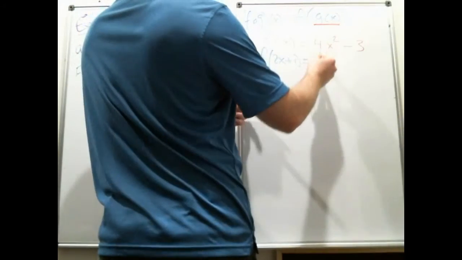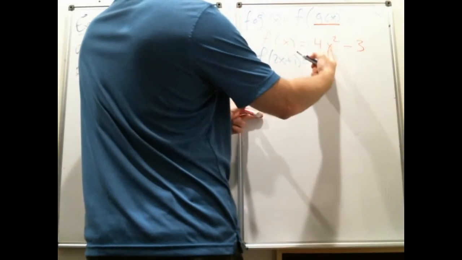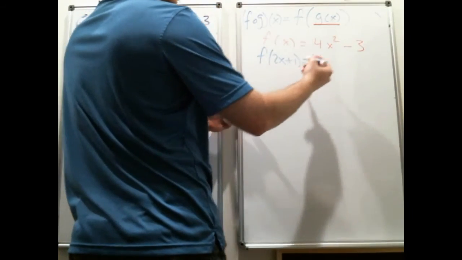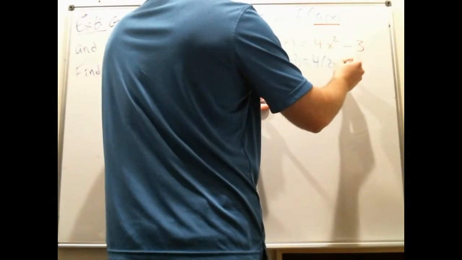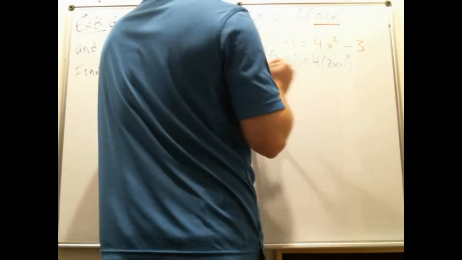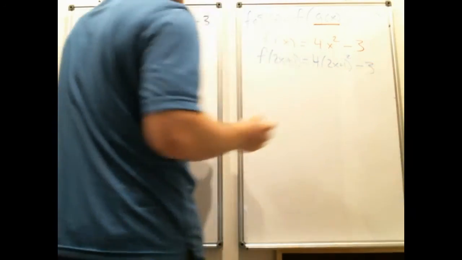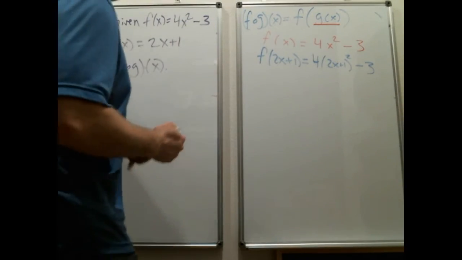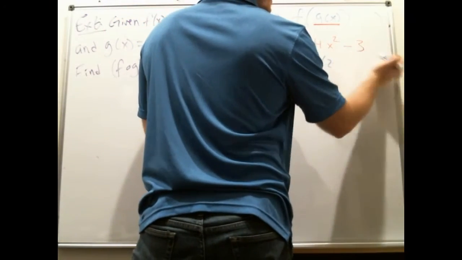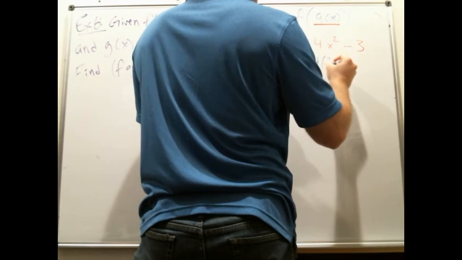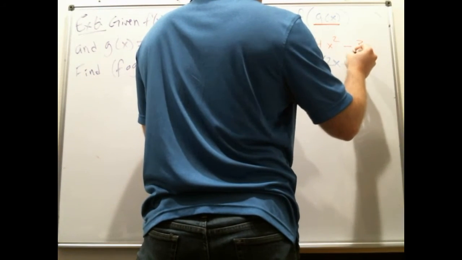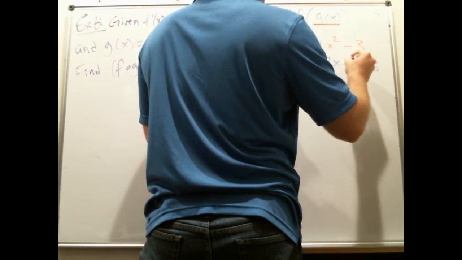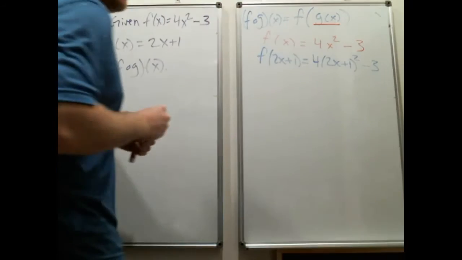And so you have 4x, but that x is now 2x plus 1. And that's squared minus 3. It's a little blurry. I'll write it a little bit bigger. Hopefully that's a little better.